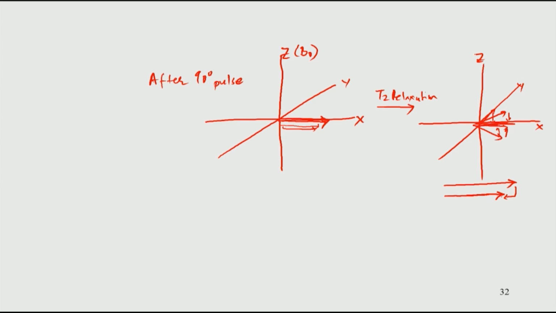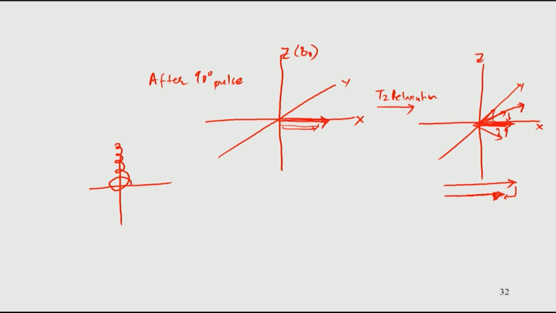But this magnetic vector is also rotating. If you recollect the last lecture, I mentioned that the spins are moving in a spiral manner. That means the net magnetization is actually moving in a spiral manner. So, if you now visualize, it has reduced in intensity, but the net vector has also moved away from this axis. It has come somewhere here and then to this.